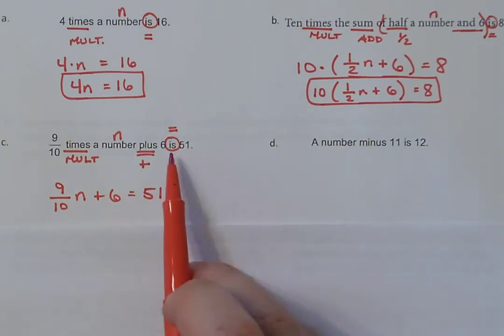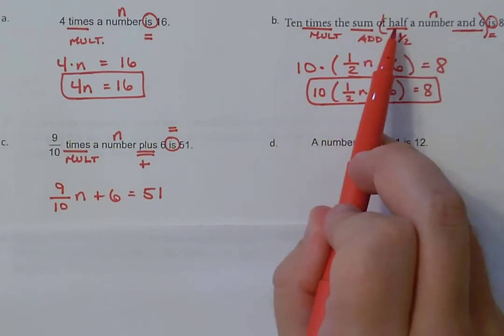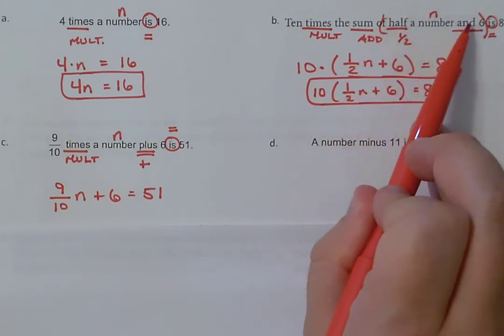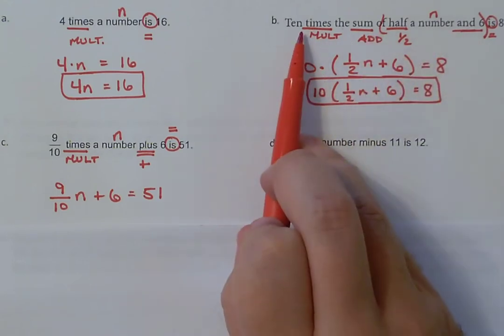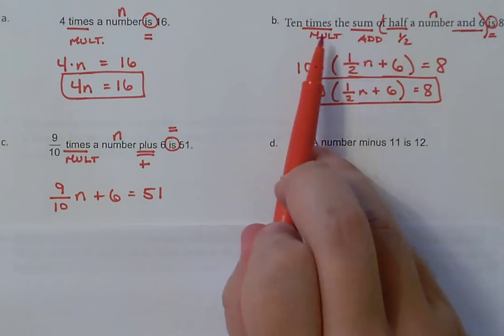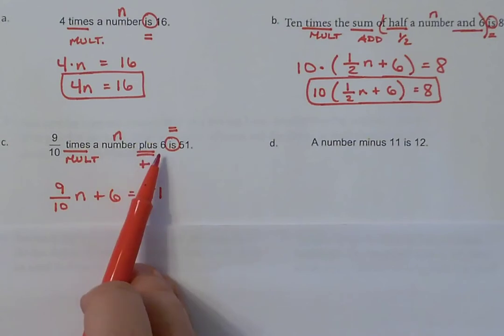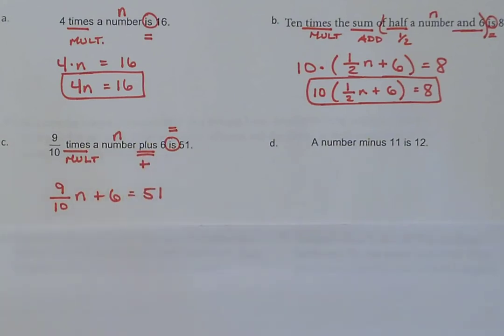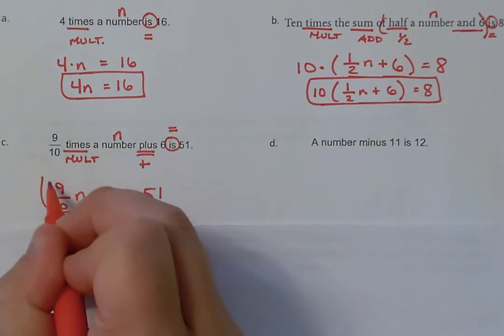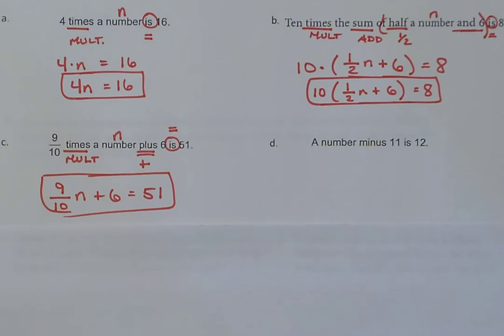Okay, the difference between these two problems, when it talks about sum, we have to figure out what these two parts here added together are before we can multiply. Okay, you have to have the total, the sum, before you multiply. This one just talks about 9/10 times that number plus 6. So it doesn't have to be a sum before we can move on. Alright, so that is our solution for part C.